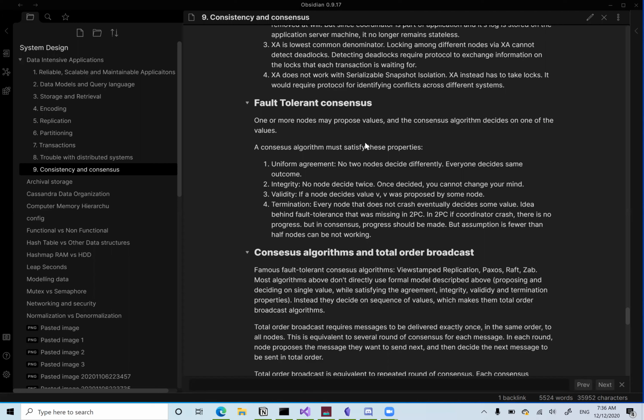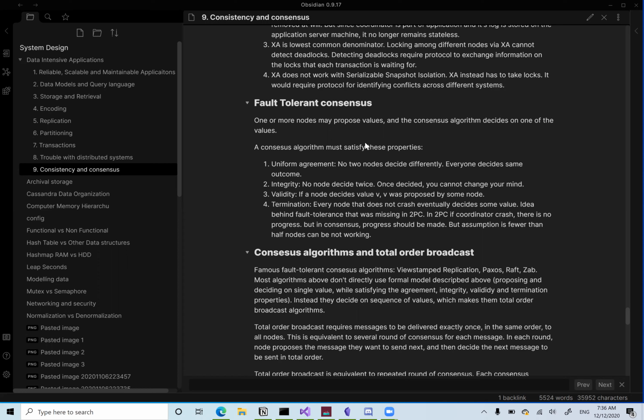So the topic we are going to discuss today is fault tolerant consensus. We will see one example of fault tolerant consensus in Raft, and how Raft implements it.